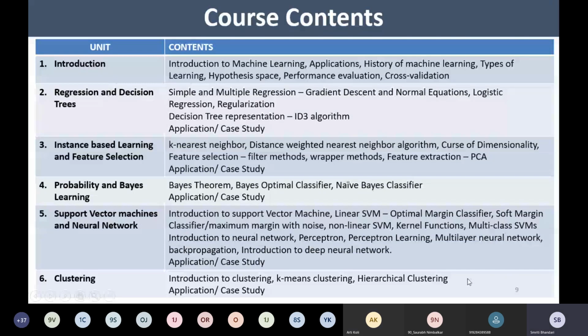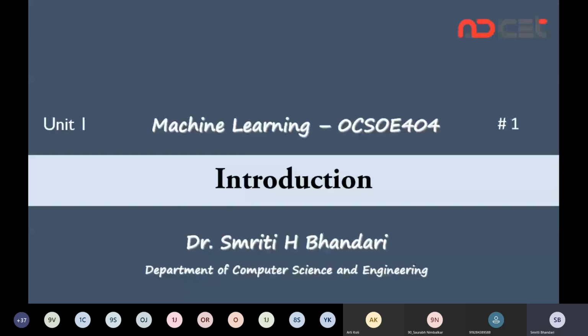So with this, now we know what we are going to study in this course of machine learning. So let us begin with the very first unit, and that is introduction. In the earlier class and also today, we have gone through terms like AI, machine learning, data science, ANN, and deep learning.